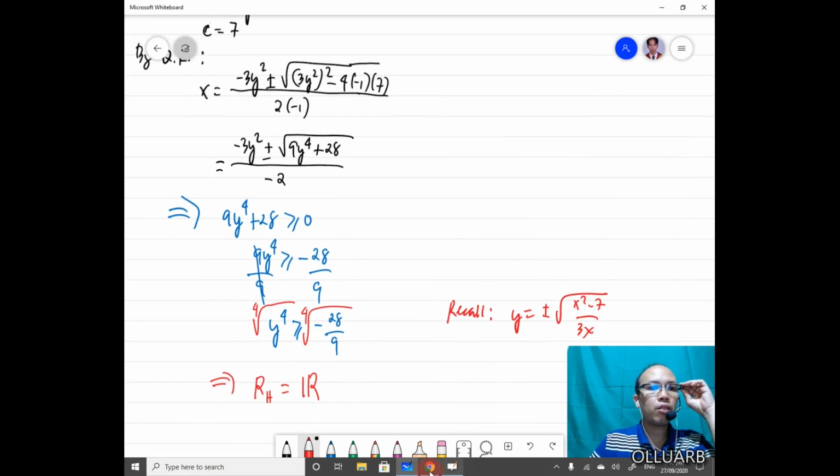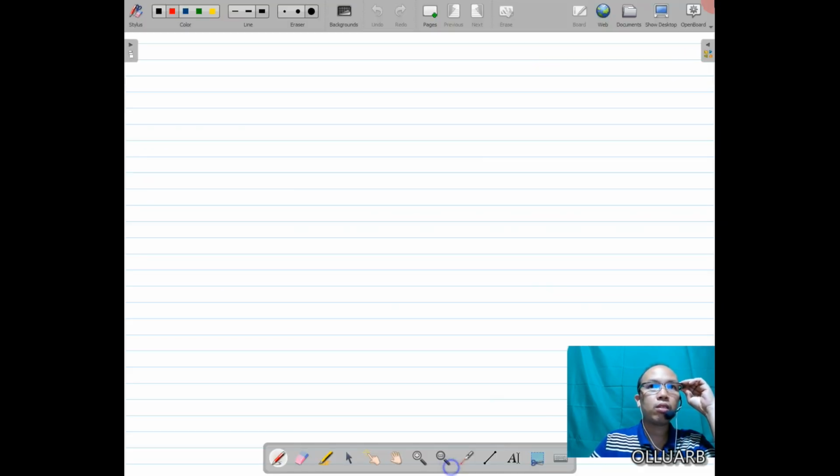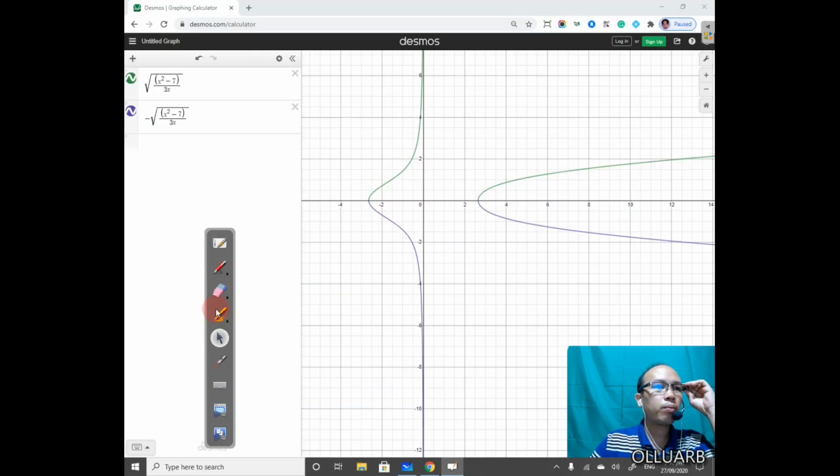But if you look at the graph, let's show this one. These are the values of the range, going upward, since it is all real numbers.